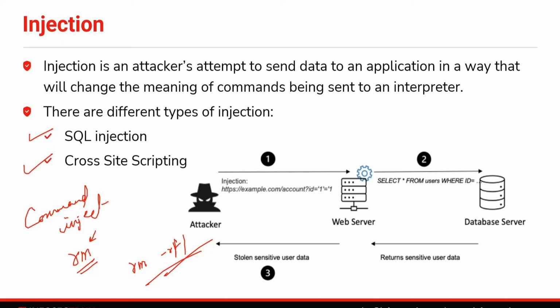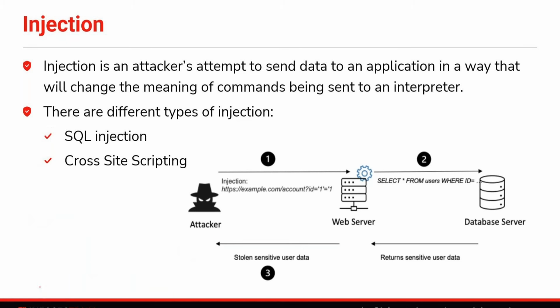Here the attacker injects malicious code into the system or application, which when executed will perform whatever malicious thing was intended. Then we have SQL injection and cross-site scripting, and we will do these in detail.